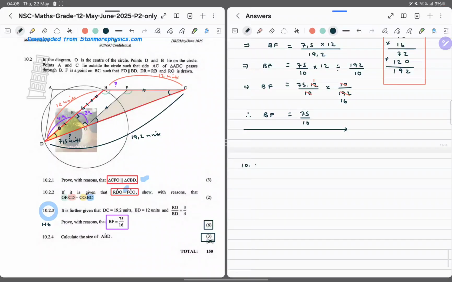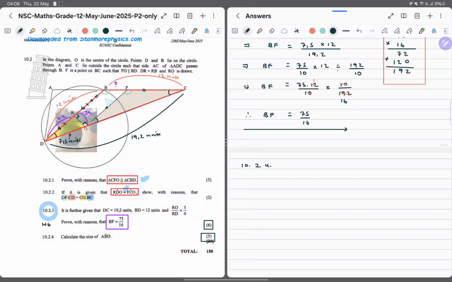10.2.4. Of course, however you say this, you just do it, guys. But for me, I don't like to struggle. So I like to get to business. I think the cosine rule here is unavoidable, or even the sine rule can be used.